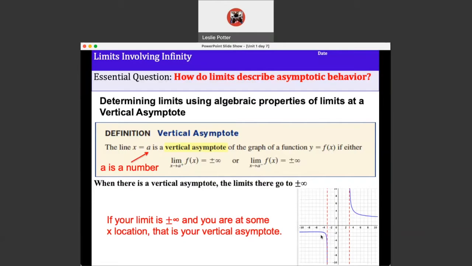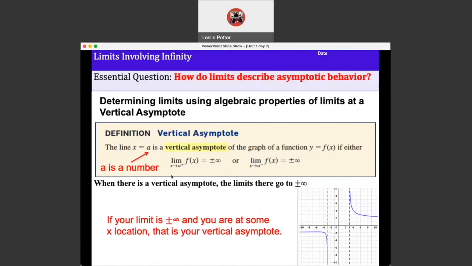So the idea is that for this vertical asymptote, x equals -3, as we approach it from the littler values, this limit goes to negative infinity. And this part of the function, as we approach +3 from the bigger values, so as x approaches +3 from the plus side, this function goes to positive infinity.